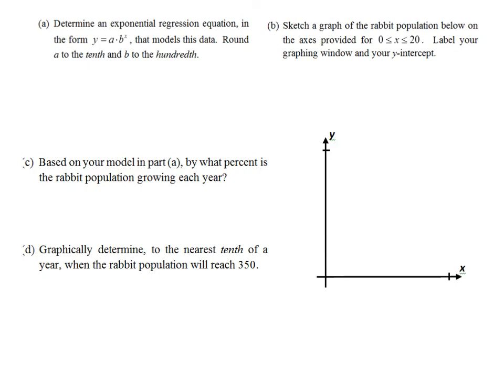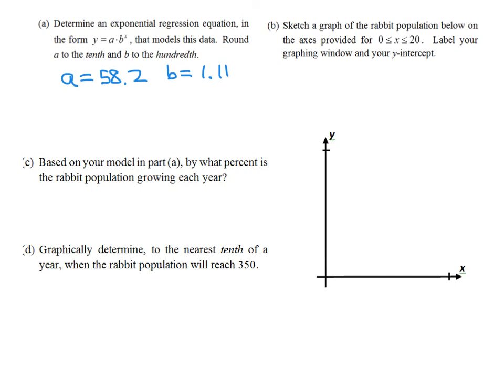Looking at my graphing calculator, a has to be rounded to the nearest tenth. So when I rounded the A value, I got 58.2. B has to be rounded to the nearest hundredths, so I got the answer 1.11.